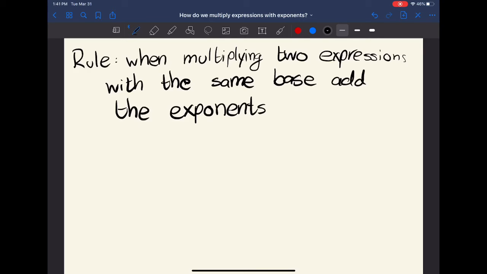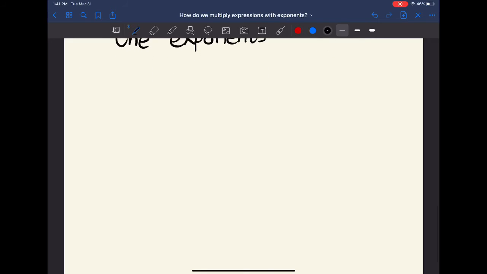So if I'm multiplying with exponents, what I'm actually doing is adding. So let's look at it in our example.